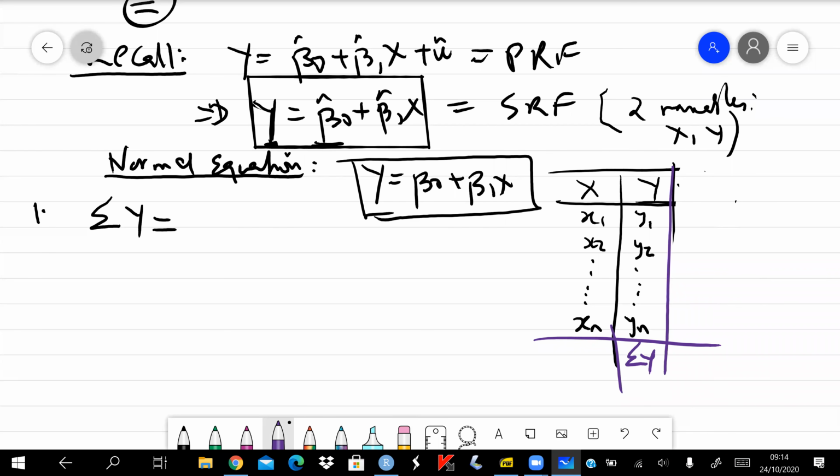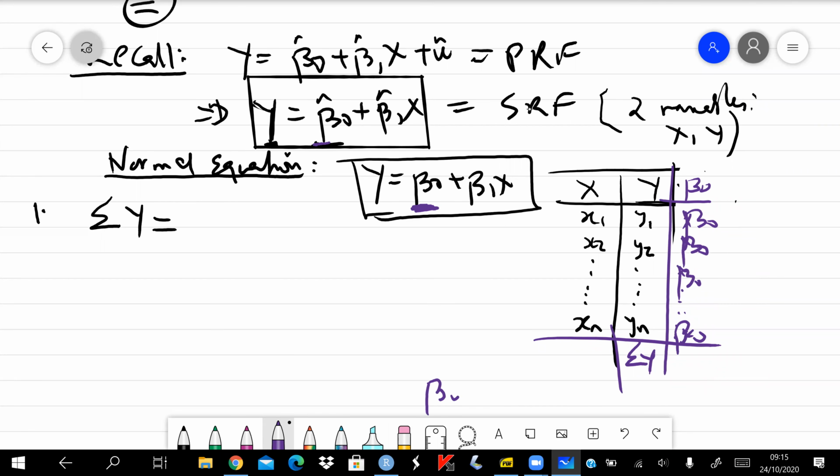Then I need to sum this value here. I'll have a beta naught appearing in every term, so I need to sum beta naught plus beta naught plus beta naught, all the way to the nth one, which is beta naught.